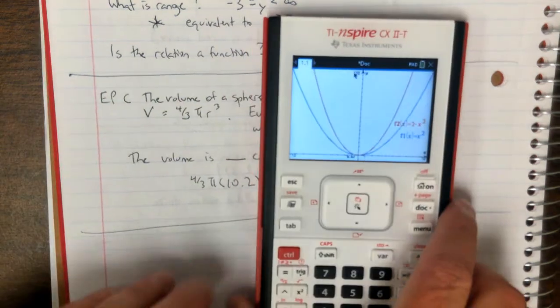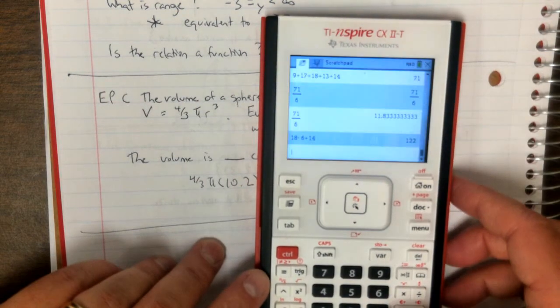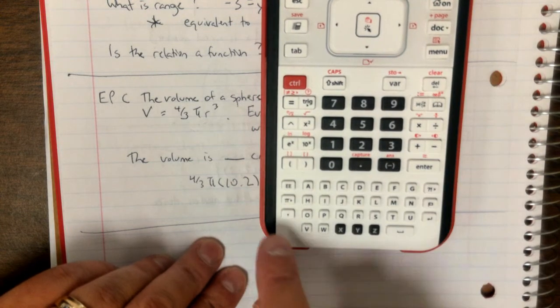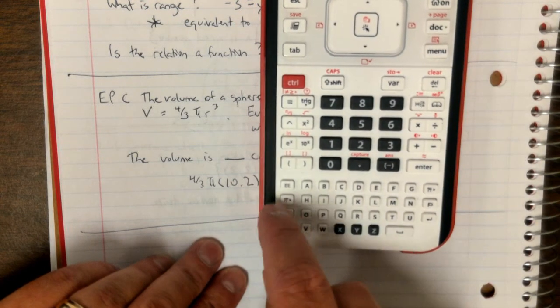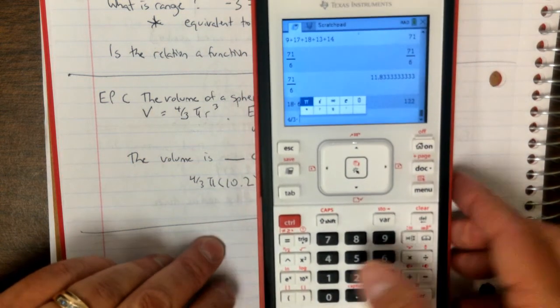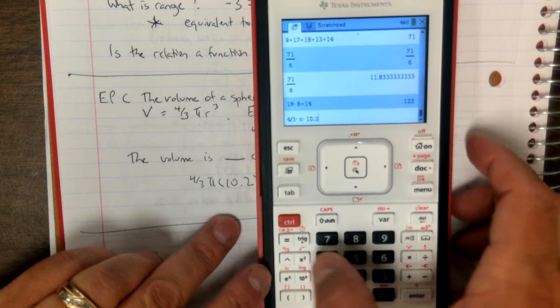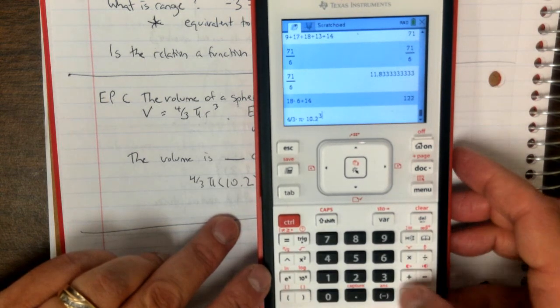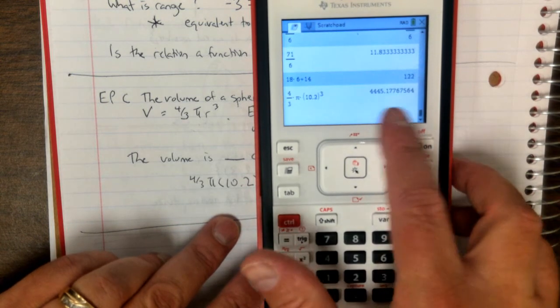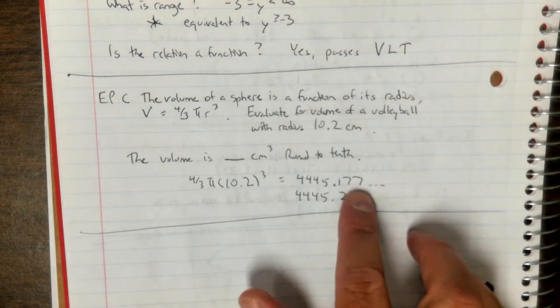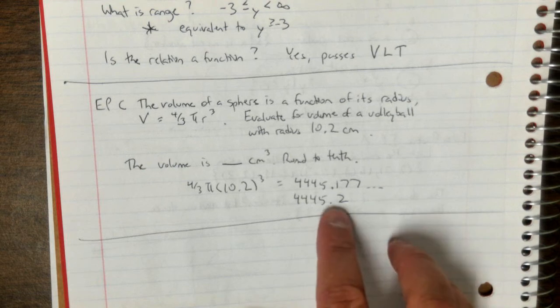Just as a reminder about where the pi button is, 4/3 times, the pi button is right there. It's to the left of the H. Pi times 10.2 up arrow 3. And you get 4445.177. And it says round to the 10th, and so you need 0.2.